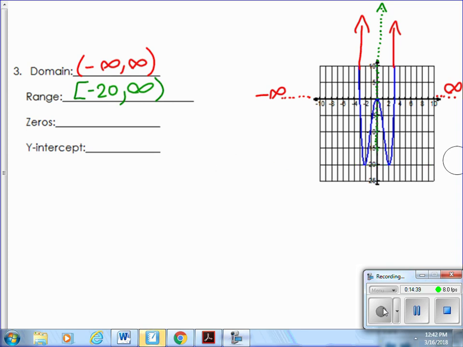All right, let's talk about zeros. Zeros are my x-intercepts. So we're talking about where does it touch the x-axis. So my zeros, I've got one right here at -3. I got one right here at +3. Now, if we look at it right here, something's happening at the origin, at 0, 0. That's actually what we call a double zero, meaning that the graph comes up, it touches a value, and then it shoots straight down.